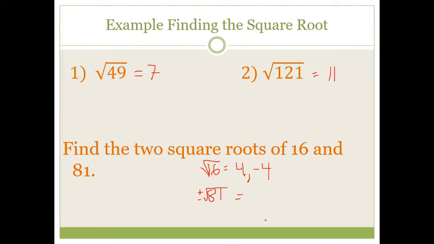So if I were talking about the two square roots of 81, they are talking about the numbers both 9 and negative 9, because 9 times 9 is 81, and then negative 9 times negative 9 is also positive 81.